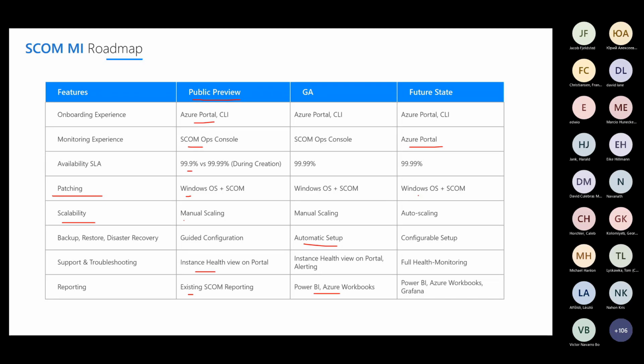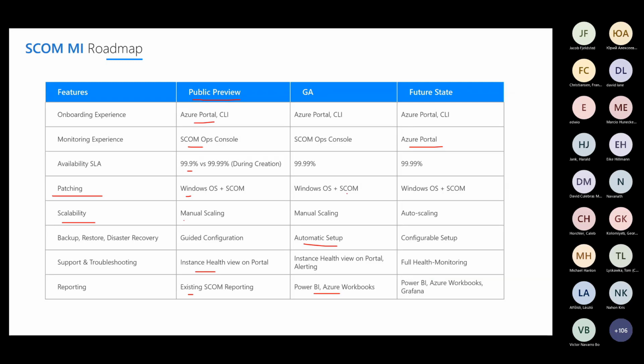When I say automatic, you as a monitoring admin don't need to click on anything to update the instance. So we want to move towards auto patching and auto scaling. When you increase the number of agents monitored by SCOM MI, you do not want to scale it manually. So we will move towards auto patching and auto scaling, and then we will have Grafana, workbooks and Power BI for reporting.